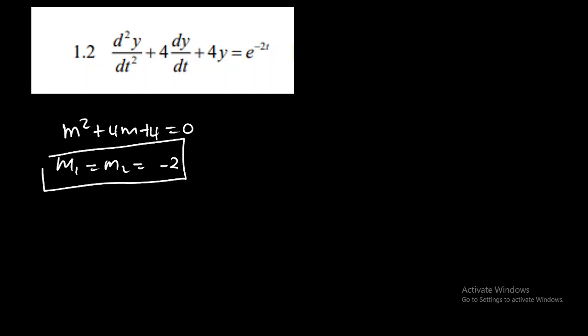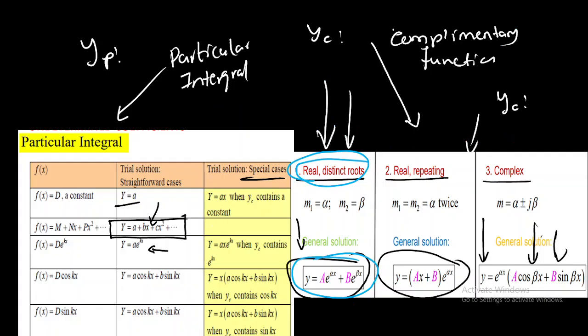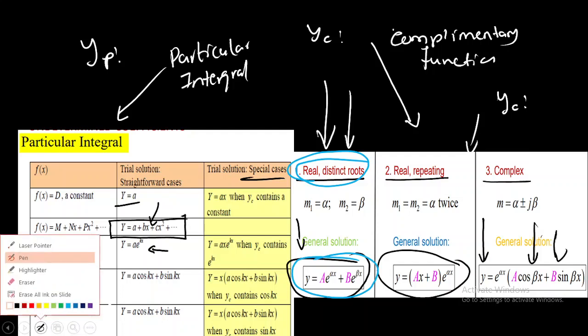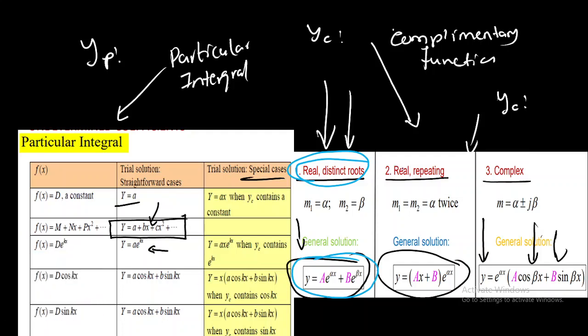So which table are we going to use for our YC? When you have real and repeating roots, m1 equals m2, equal to the value of m which you would have obtained from your calculator. So basically you're going to use this equation, which is ax plus b times e to the exponent alpha x.